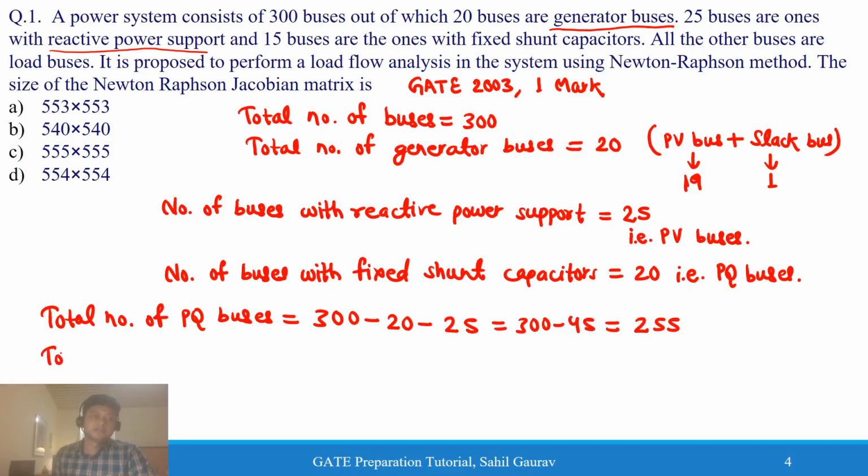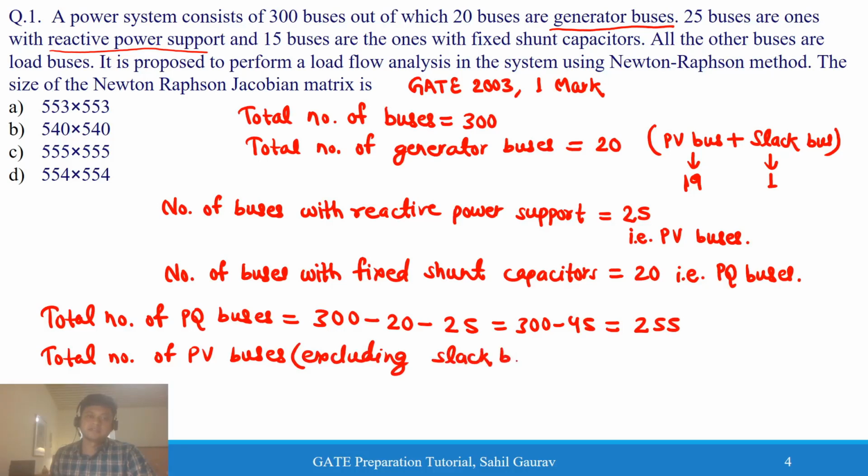And the total number of PV buses, and here I just want to mention, so you don't get confused, excluding the slack bus. The generator buses will come, and the reactive power support buses also come, and from the generator buses one will be subtracted, so it will be 44.